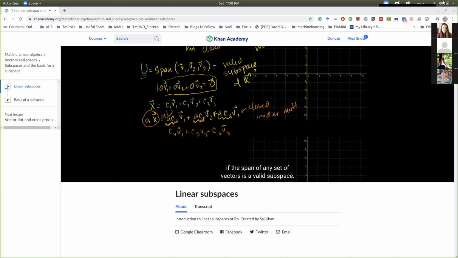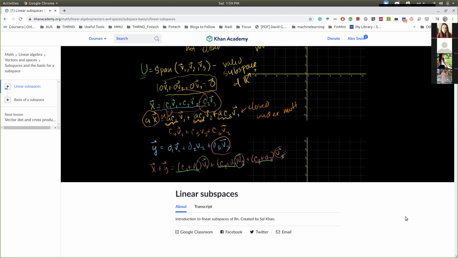You had a v3 here, you had a v3 there, you just add up their coefficients. Clearly, this is just another linear combination. These are just constants again. That's an arbitrary constant, that's an arbitrary constant, that's an arbitrary constant. So this thing is just a linear combination of v1, v2, and v3, so it must be, by definition, in the span of v1, v2, and v3.